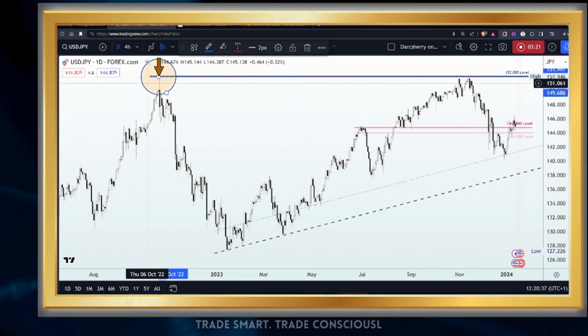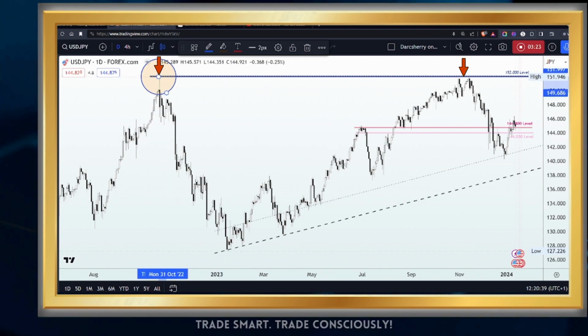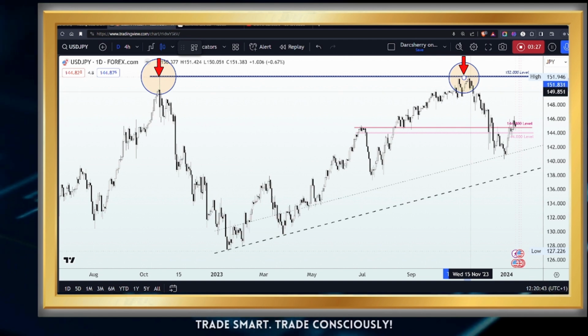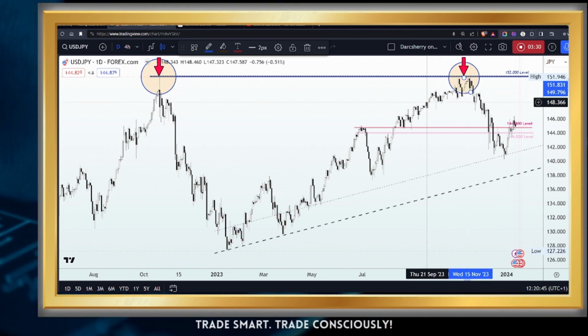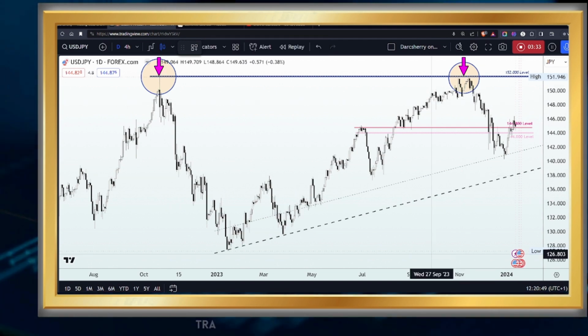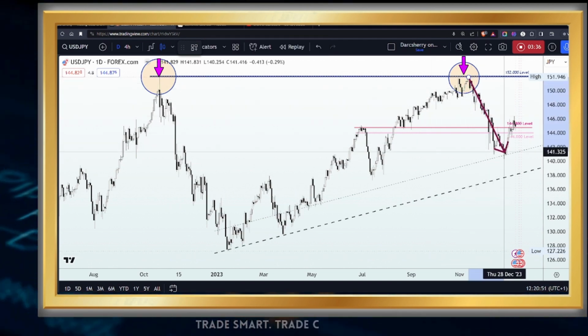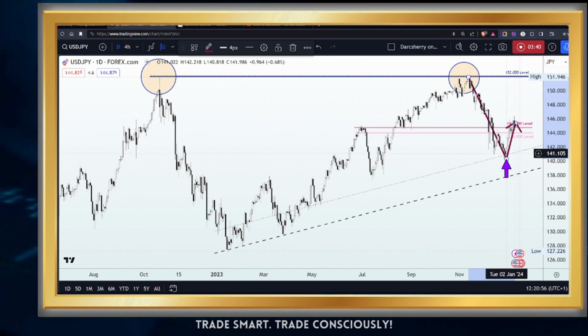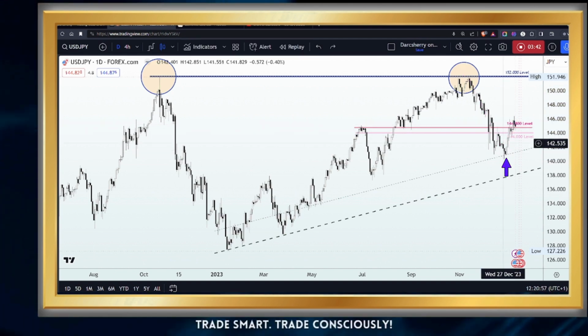And of course, the same thing also happened again during the month of November of last year, as we saw a double top structure around that area to incite price back into that ascending trend line we spotted earlier before some bullish momentum began since the beginning of this year.